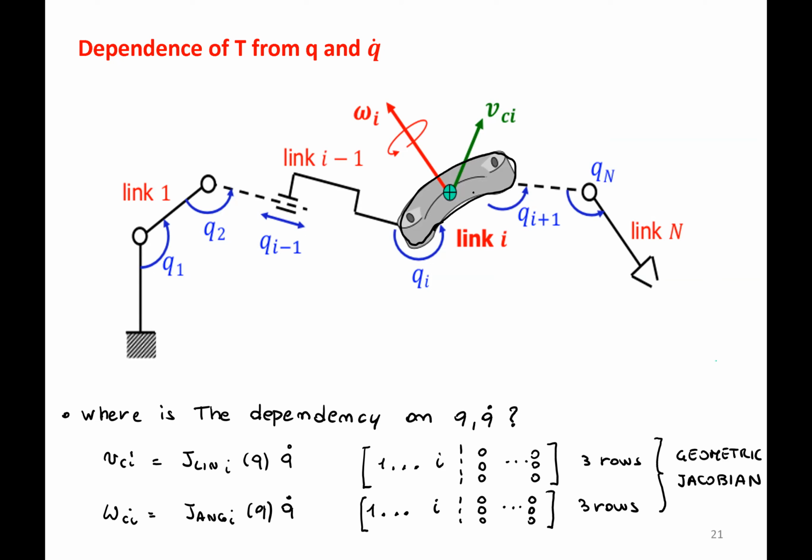Therefore, we can use partial Jacobians, J_lin_i and J_ang_i, that will have non-zero columns up to column i, while the other columns, which consider the contributions of joint velocities beyond the link we are considering in the serial chain, are zeros because they don't affect the linear and angular velocity we are trying to compute.